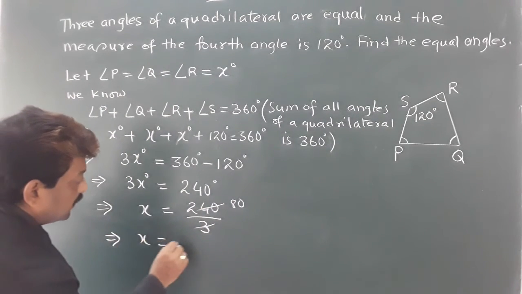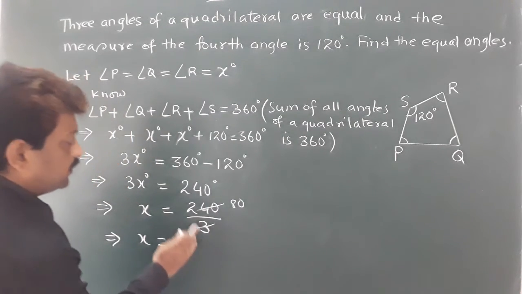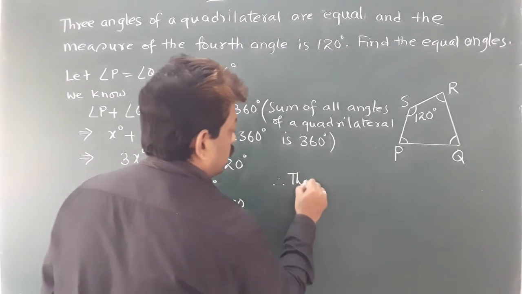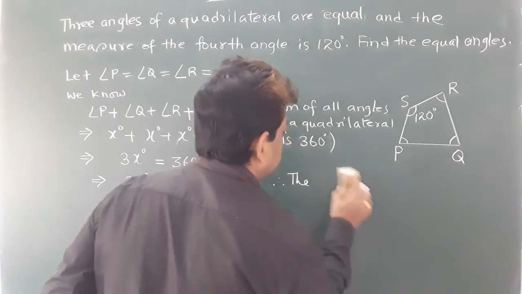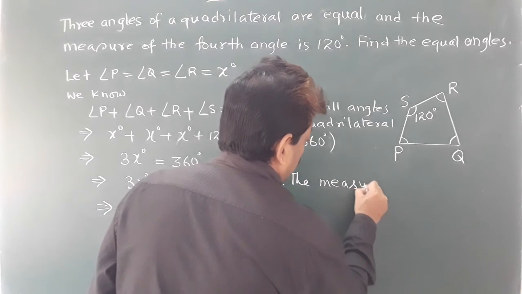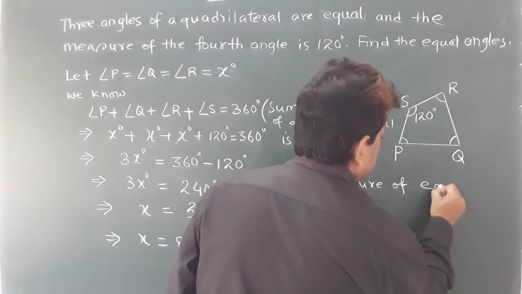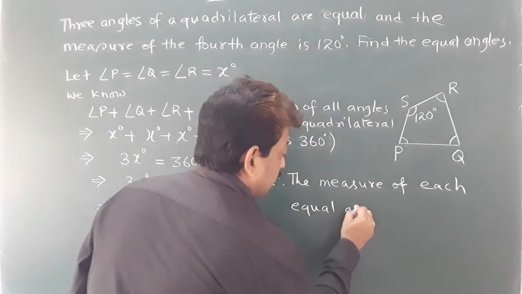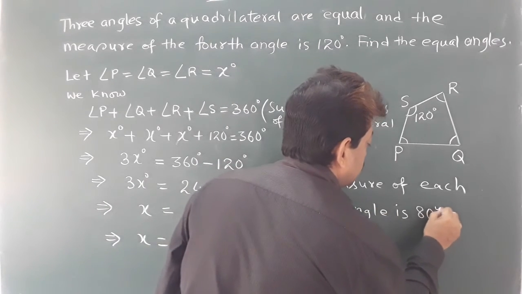So X equals 80. Therefore we can say the measure of each equal angle is 80 degrees.